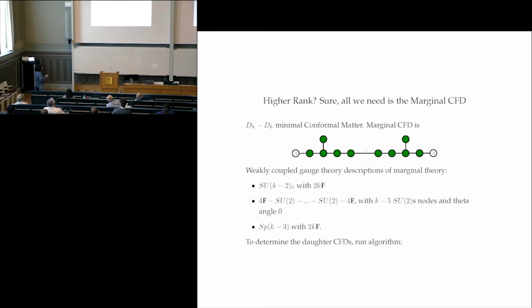Either in terms of SU-type gauge groups or quivers, SU2 quivers with 4 flavors on each side, or as SP gauge groups. And so this already appeared in the rank 2 case. And so one question is now, what are the descendant theories from this? We already saw this in the case of the rank 2 series, but now this is even smaller.